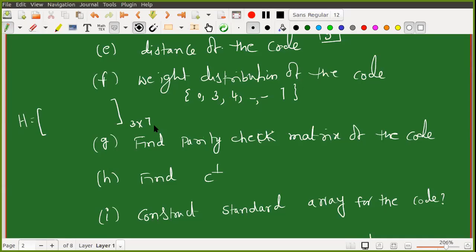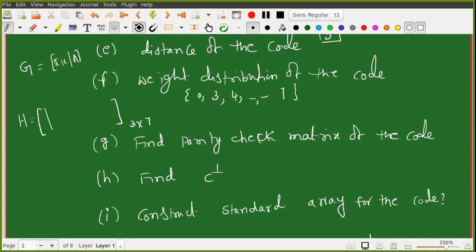Once it is 3 by 7, each row contains what? I'm not computing. You can compute by using the fact that G is already in the standard form, I_k and A, so I can easily compute this, but I'm not computing that way. I'm thinking about what to do without actually doing it.